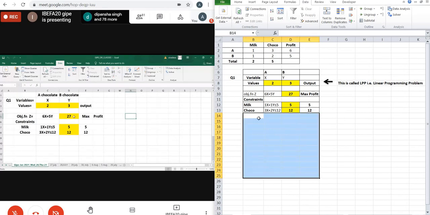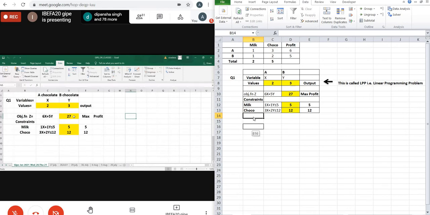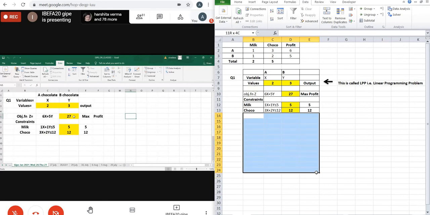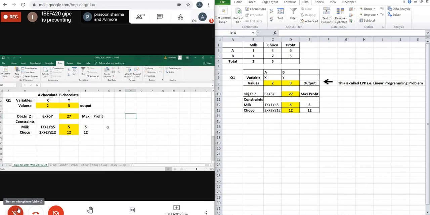Yeah, we got 27. So subject to constraint, I think this is the maximum profit we can attain. But in the market, he is not selling simply 2 biscuit of A and 3 biscuit of B. So what is to be done? Sir, not sure right now.